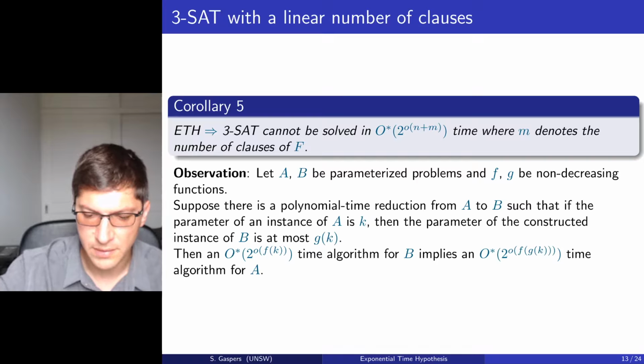And for every query I prime to B with parameter k prime, we have that k prime is order k. So k prime is linear in k, and the size of I prime is polynomial in the size of I.